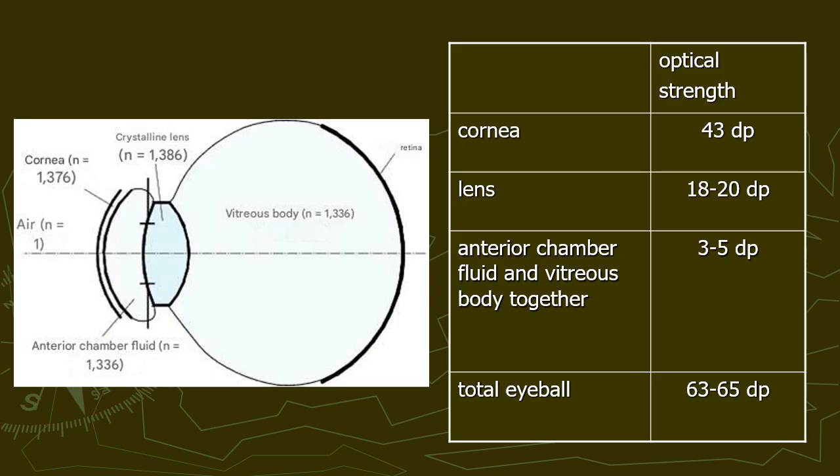In other words, we see that our cornea is characterized by the maximum optical power. Although the refractive index of the cornea is shown in the figure as 1.376. If you look at the refractive indices of the optical media of the eye, we see that they do not differ much from each other. The lens in the picture has a somewhat smaller refractive index, but that doesn't matter right now, since it depends on the state of the lens.